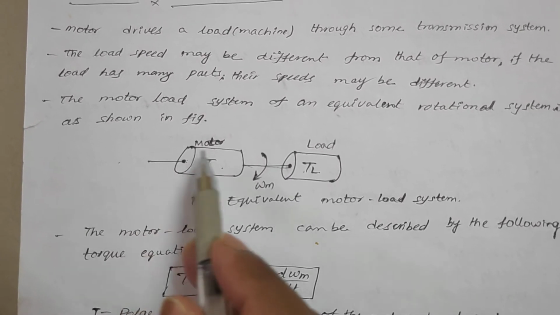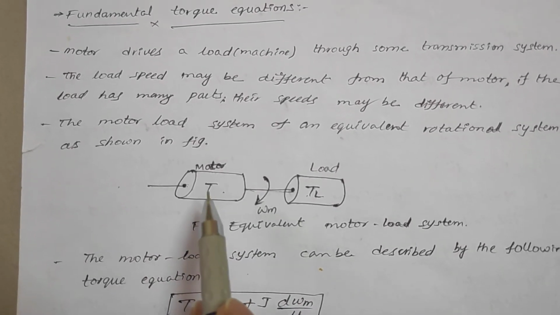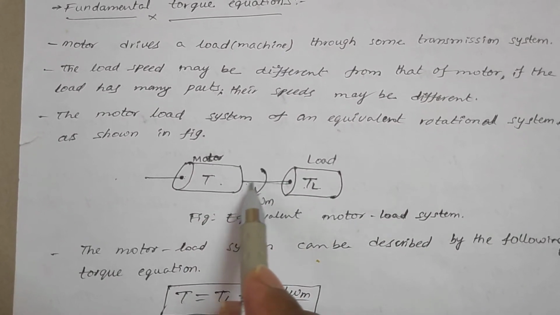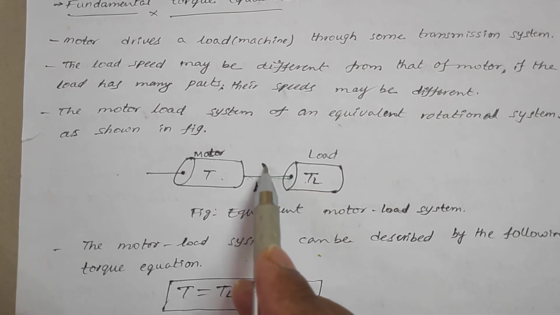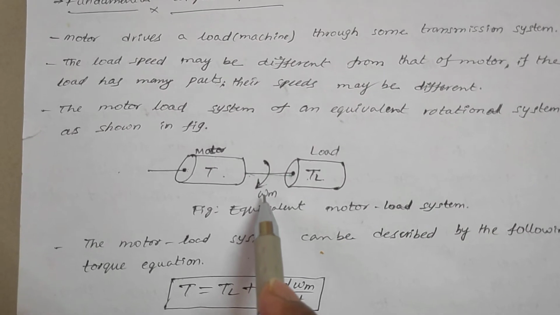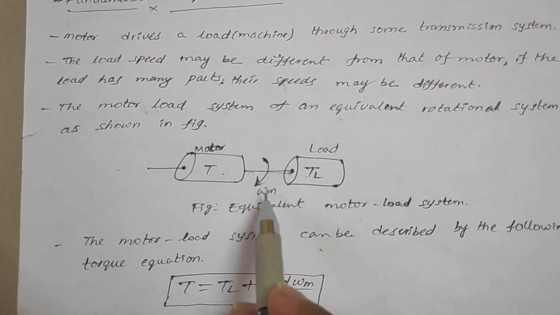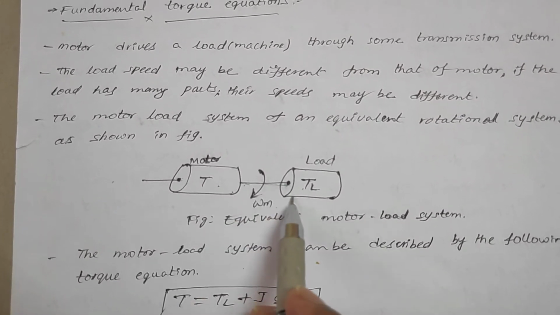To derive this fundamental torque equation, the motor and load are connected through this shaft, where the motor shaft is rotating in the clockwise direction like this with a speed of omega m. So this is the equivalent motor load system.